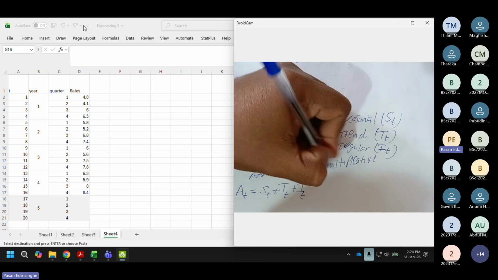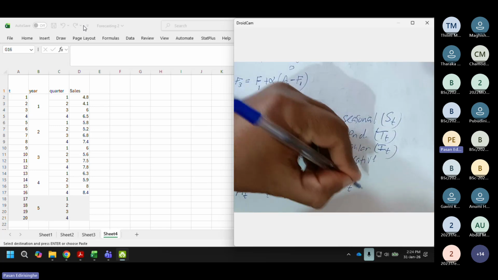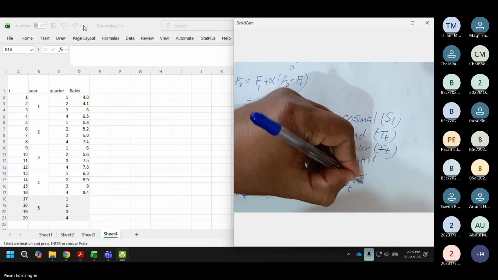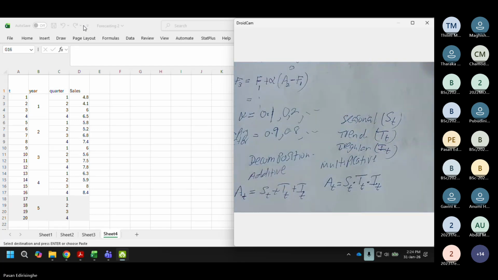And if they are multiplicative components, then like that. So in various situations they might have different formats, right?